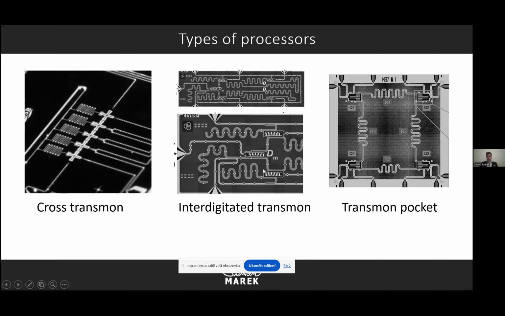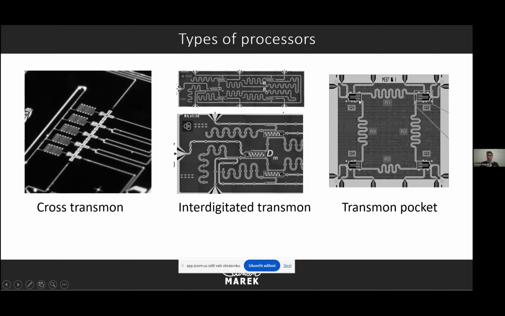So this is our coupling, really coupling bus here, and you can see this is the type of coupling which goes to ground, which has unconnected pin. And here's another type of qubit. This is transmon pocket, and this is more advanced one because it has more connections. It has four connections.